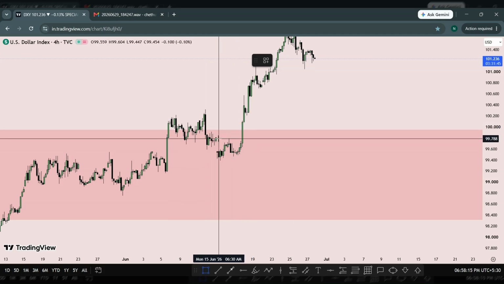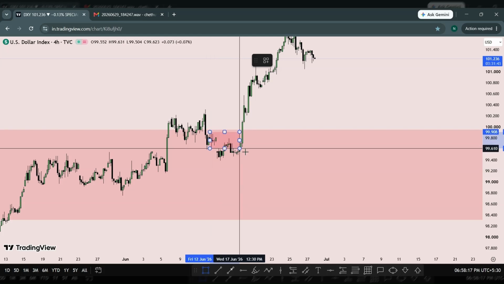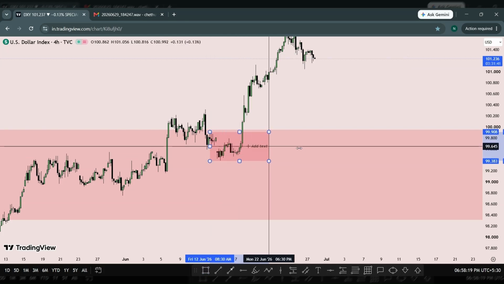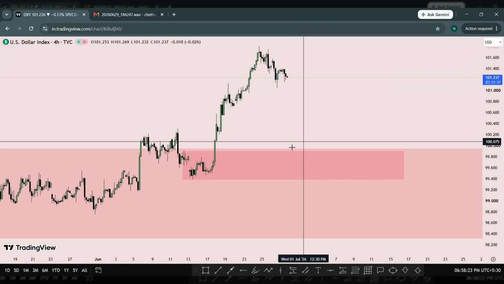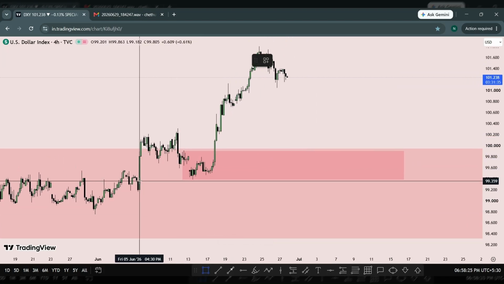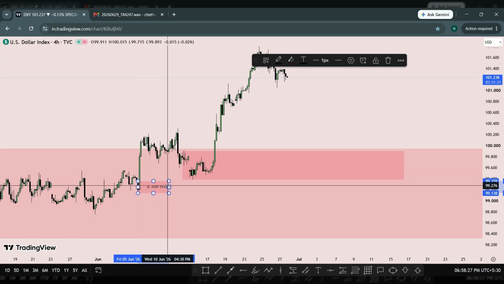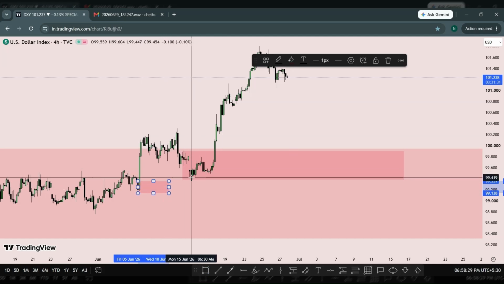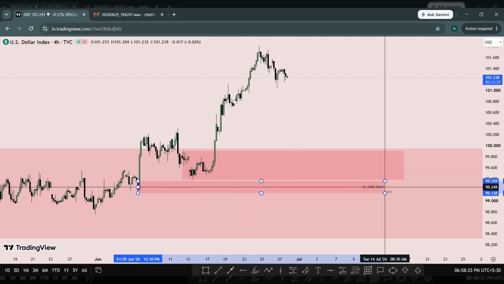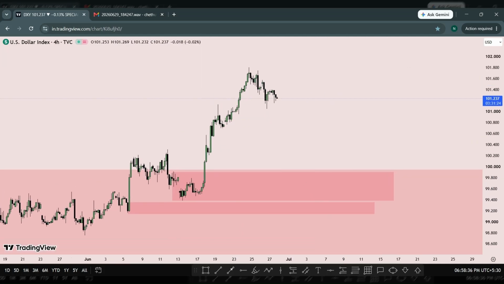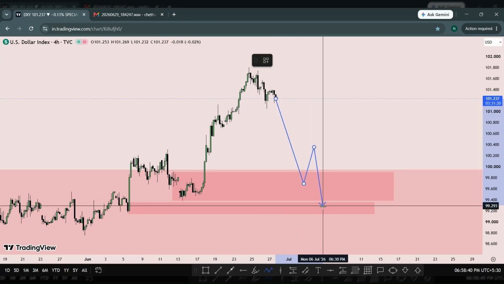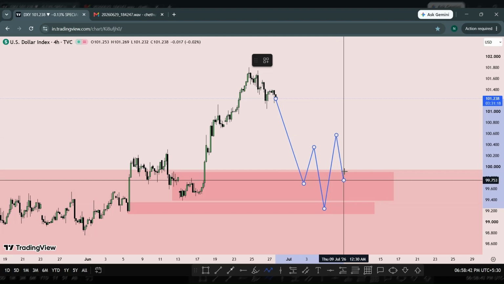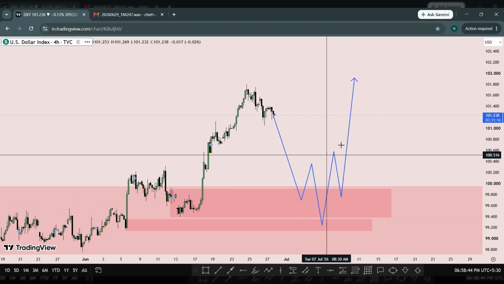Here I think this order flow is great, and below this is also an unmitigated order block. If we treat this as liquidity, then the market will tap here, and then boom.